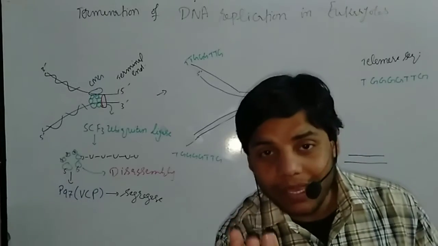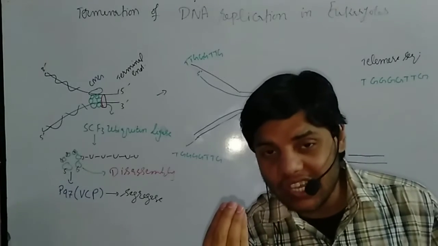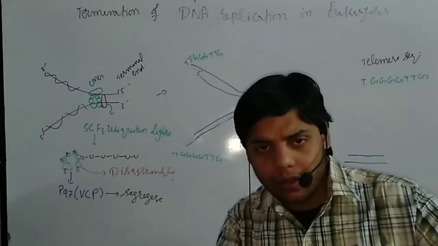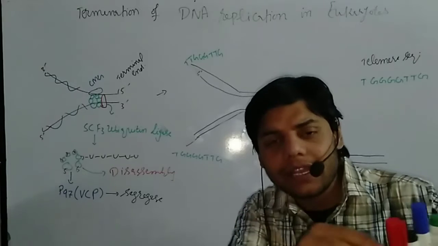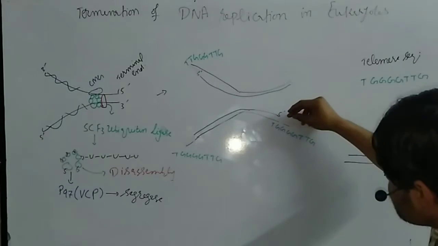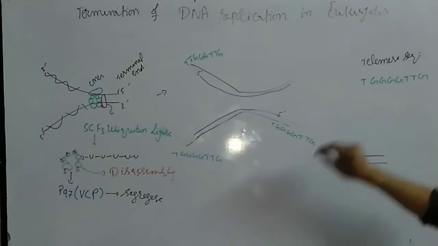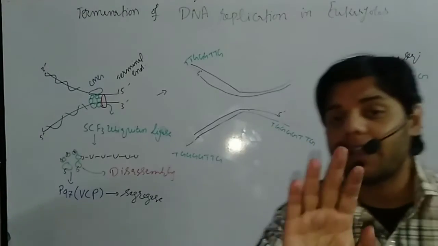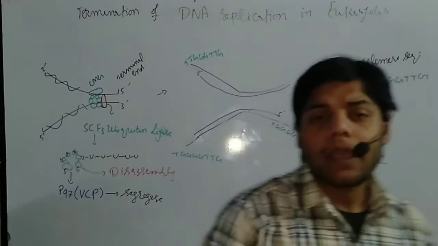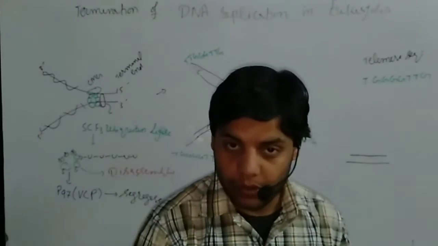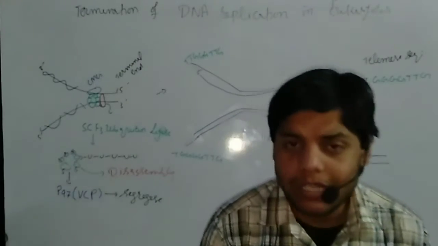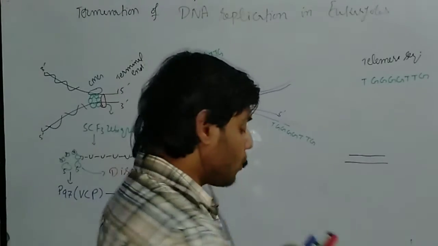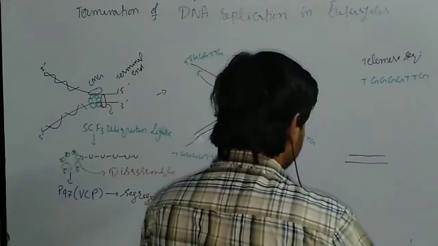These are the genomic areas, the gene areas, so at that specific area DNA should also be synthesized, but it is not possible. Why? Because here the 5' end is present. Then how will this problem be solved? This is a problem. So we have another enzyme which we call the telomerase enzyme.